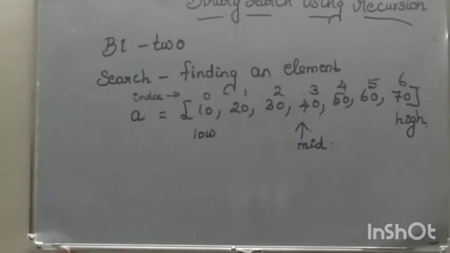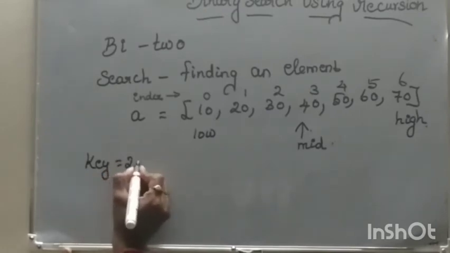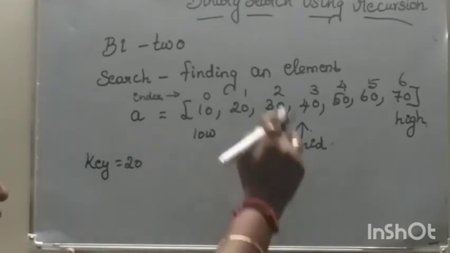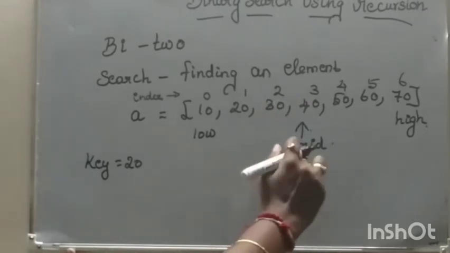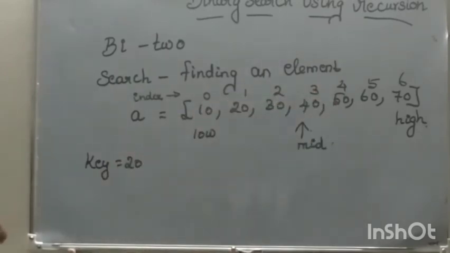Let us take one example. I am going to search for the element 20. My key value is 20. You have to divide this array and find out on which side you are going to perform the search operation based on this mid value. If your mid value is equal to the key value, then return the mid value.